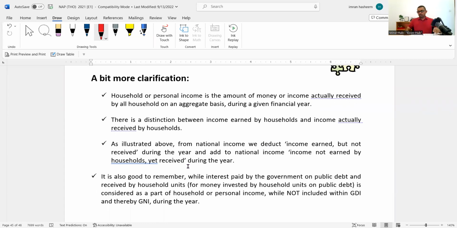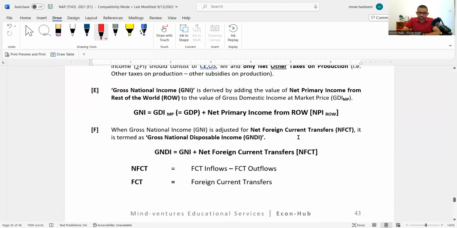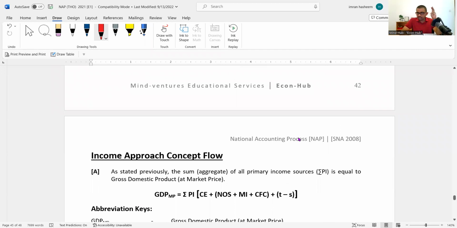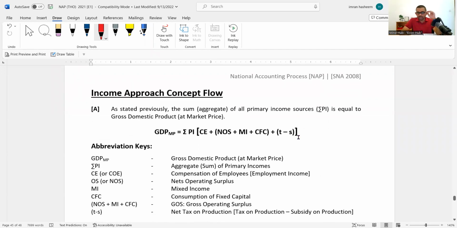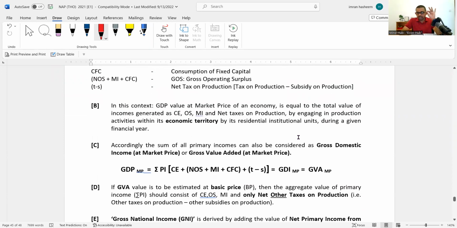Okay. So with that, we have come to the end of our discussion on the income approach, and we also went through the concept flow here. On page number 43, we went through a step-by-step concept flow. Especially we identified if we are estimating gross domestic income at basic price, how do we consider the tax part of it?